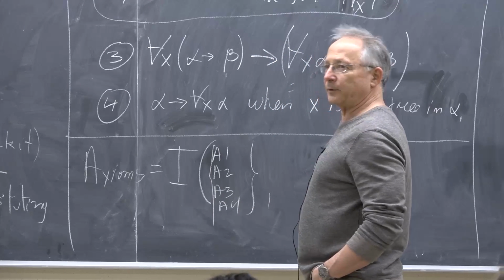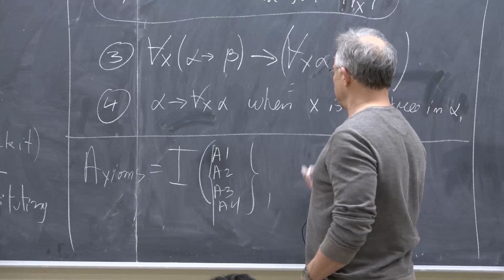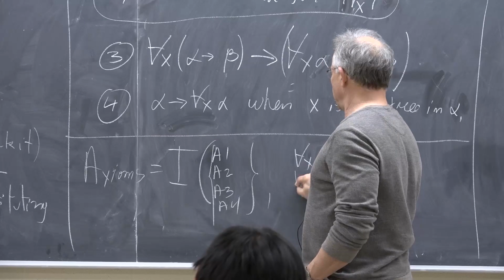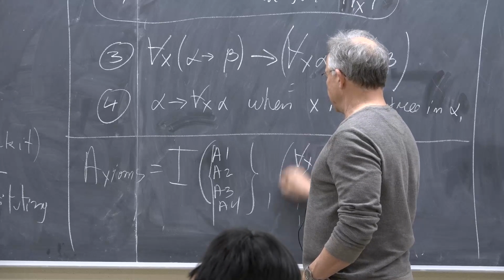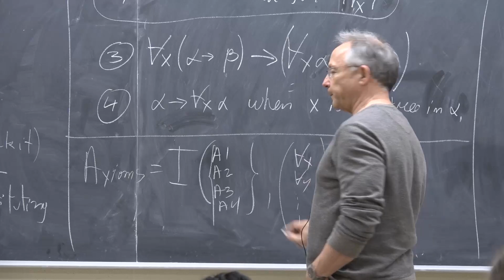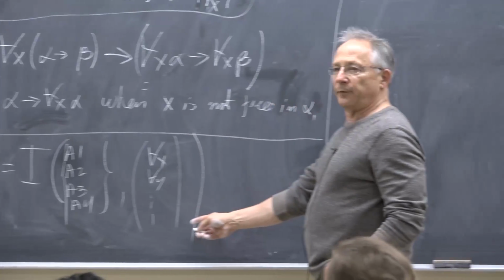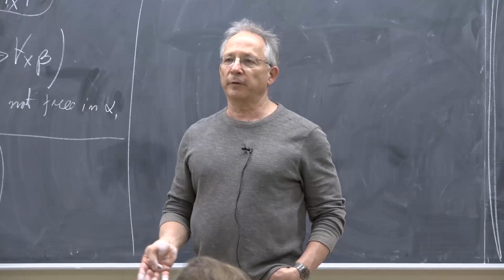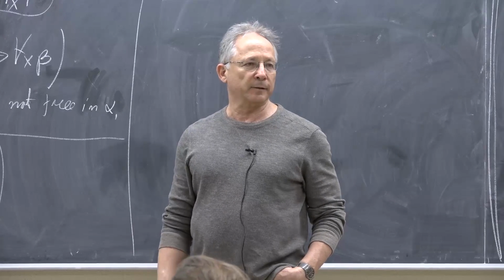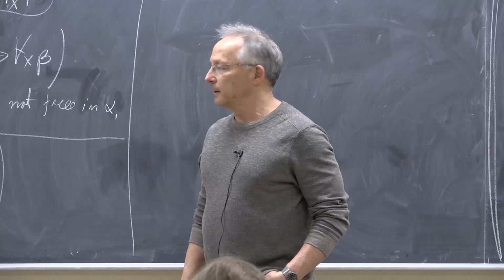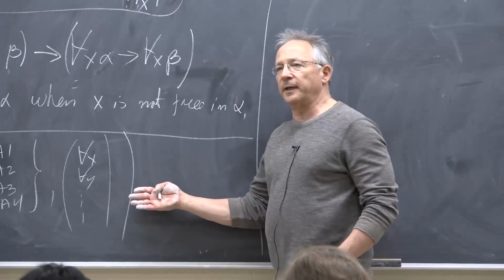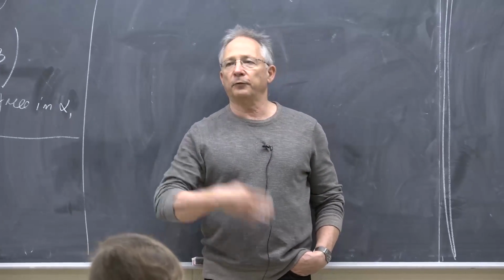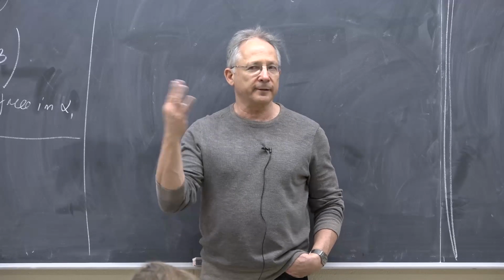And I have an operation which is for all x, for all y, for every variable. Those are my operations. Which means if I have an axiom, I can add for all x or for all y in front of the axiom, and it will still be an axiom. So this is a very simple operation. It just tells me every axiom holds universally. I can add for all x, for all y. It was an axiom, it will still hold.